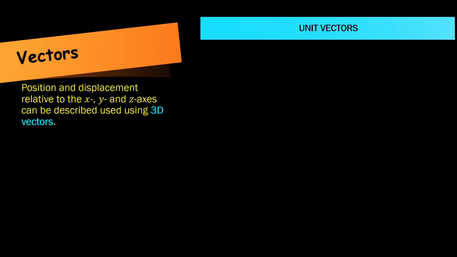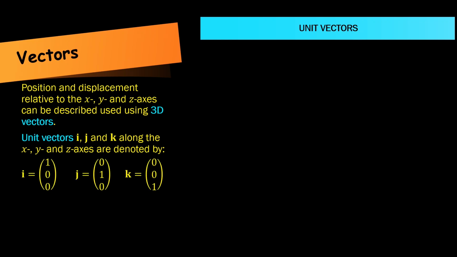Position and displacement relative to the x, y, and z axes can be described using 3D vectors. Unit vectors i, j, and k along the x, y, and z axes are denoted by i equals (1, 0, 0), j equals (0, 1, 0), and k equals (0, 0, 1).